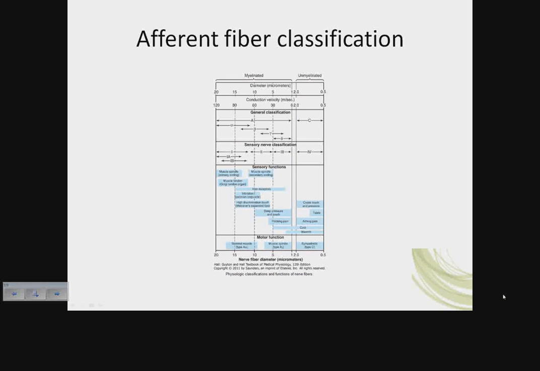Our A delta fibers are larger and faster than the C fibers. And our A delta fibers are going to be conveying information about the fast occurring pricking pain, and the C fibers that are unmyelinated are going to be conveying pain that is slower to come to our consciousness and is going to be longer lasting.